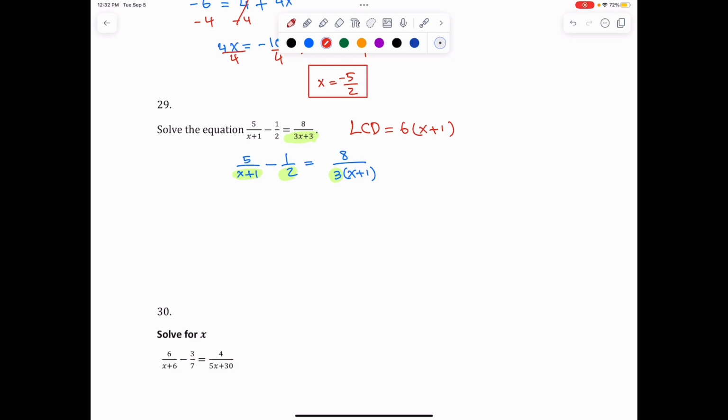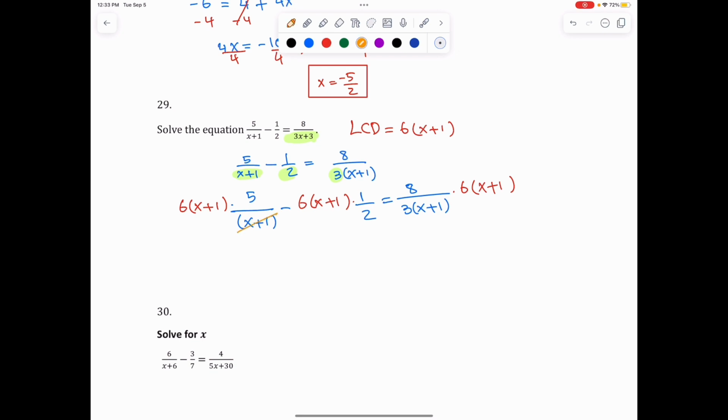So I'll multiply 6 times x plus 1 times 5 over x plus 1 minus 6 times x plus 1 times 1/2 equals 8 over 3 times x plus 1 times the least common denominator, which is 6 times x plus 1.